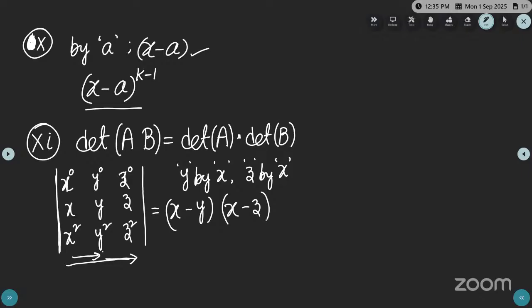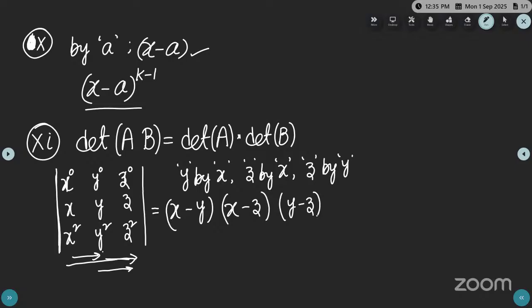Next, not finished. Don't go in the reverse manner. Already we have done the replacement of y with x, and of z with x, and now just replace z by y. What you are getting? y minus z is a factor. Okay, it's not over.